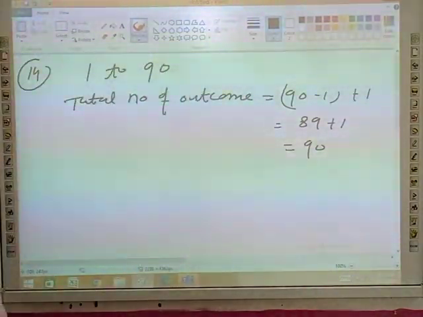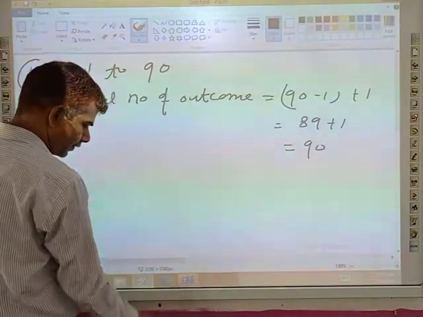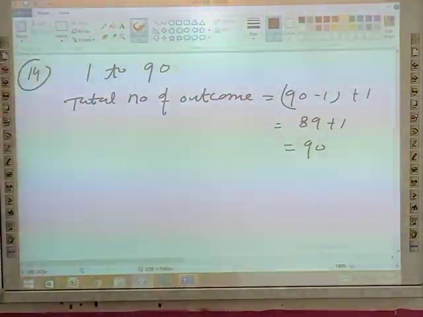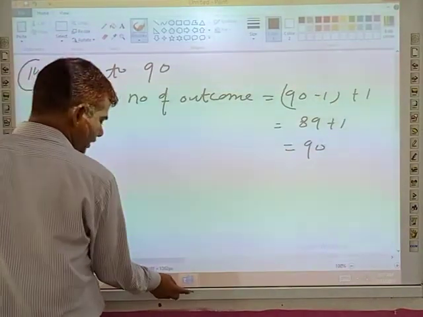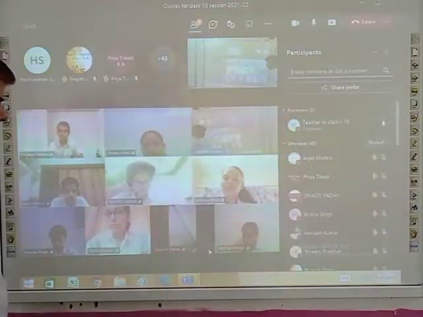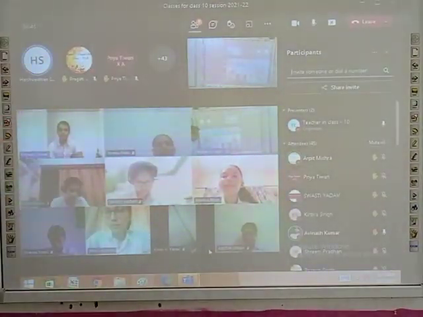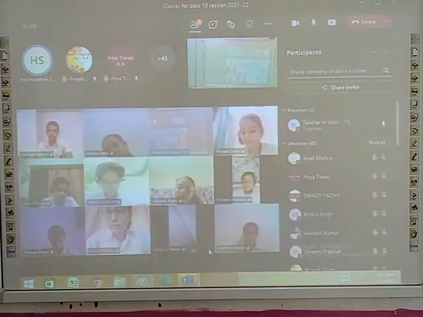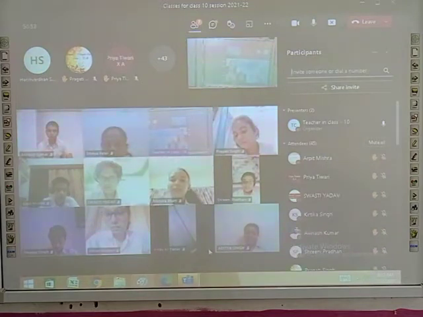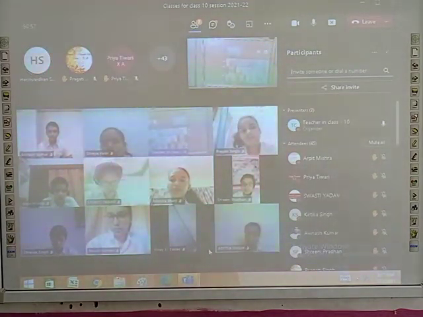Now, a 2-digit number. Where do 2-digit numbers start from? From 10, so from 10 to 90. We are not including the first 9 numbers, that is 1, 2, 3, 4, 5, 6, 7, 8, 9.